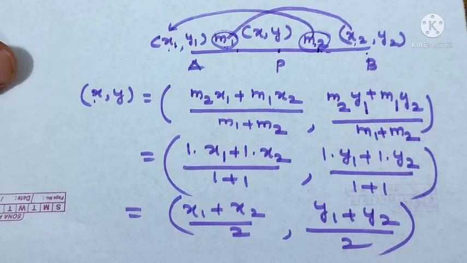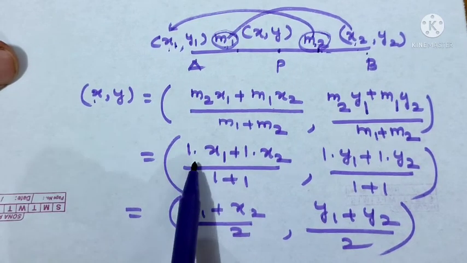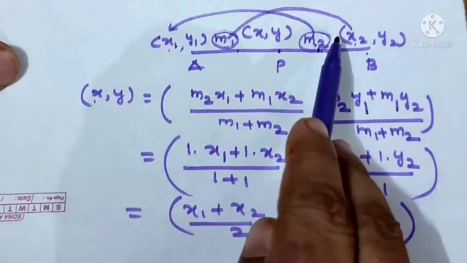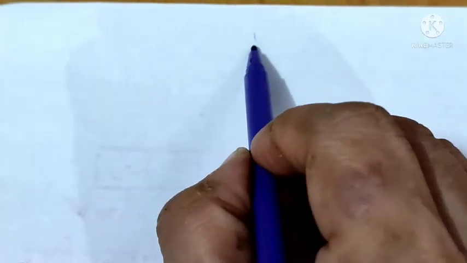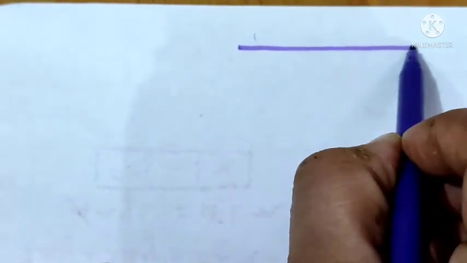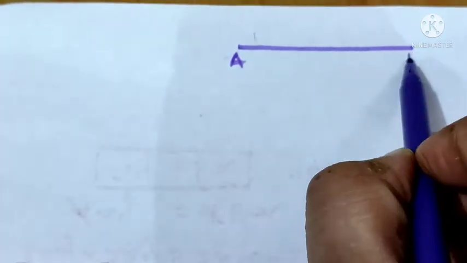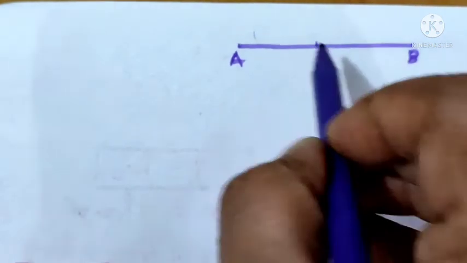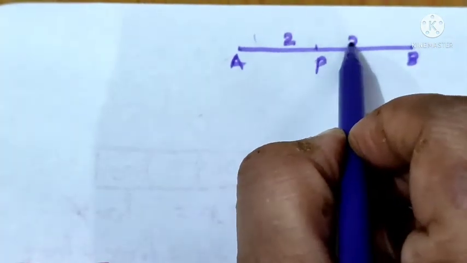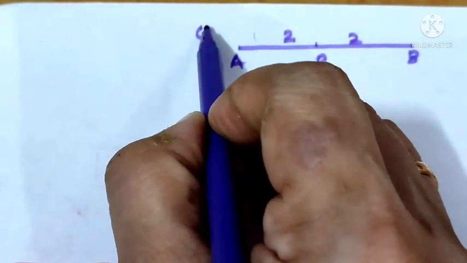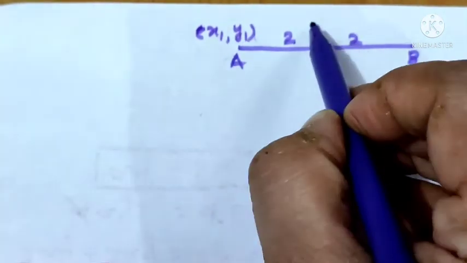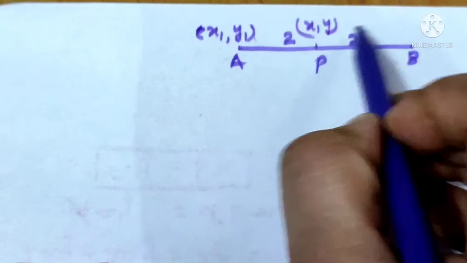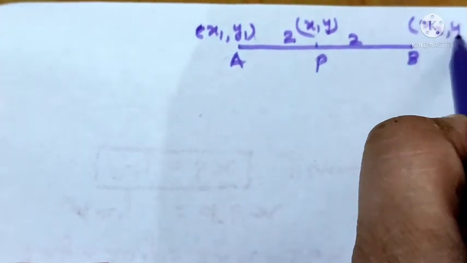Now some children will have the doubt, what happens if it is divided in the ratio 2:2? Then what will happen to the midpoint formula? So we will draw the diagram A, B, P. This time it divides in the ratio 2:2 only. Coordinates are same only. x1, y1, x comma y, x2, y2.